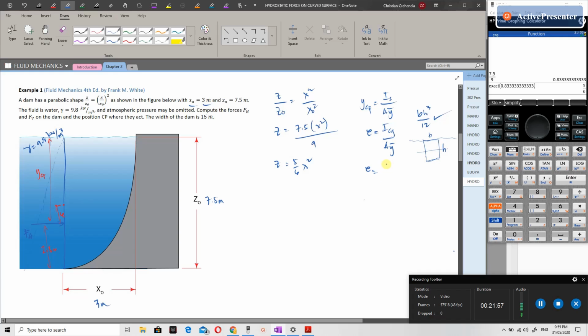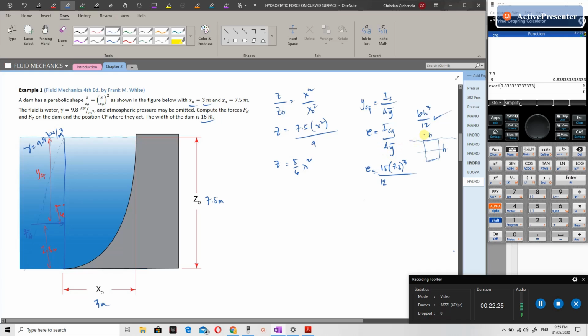Is B given here? Okay, the width is 15 meters. But anyway, the width B will cancel. So BH cubed over 12 is 15 times 7.5 cubed over 12.